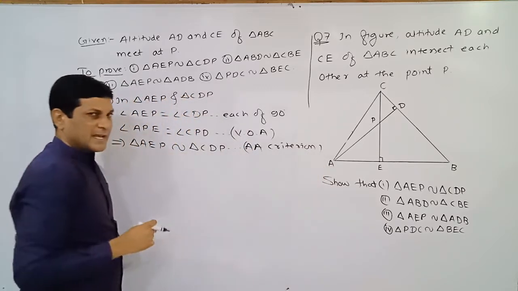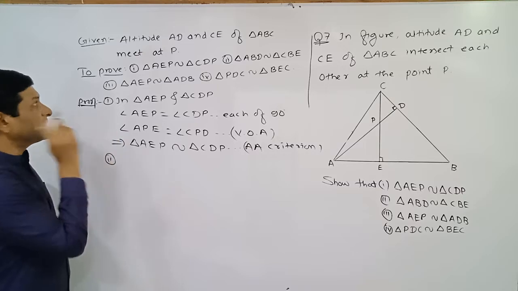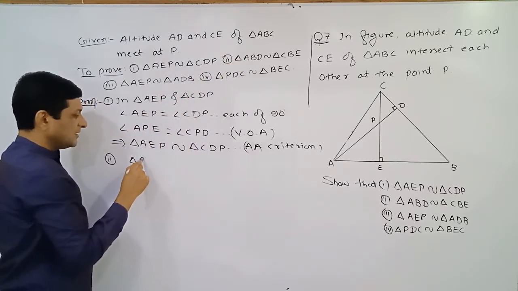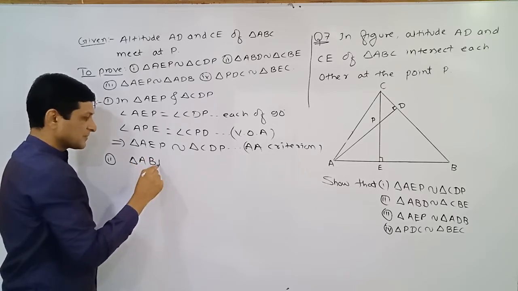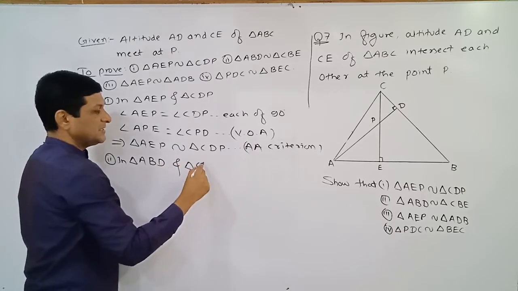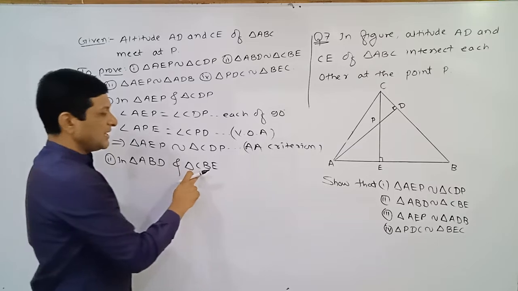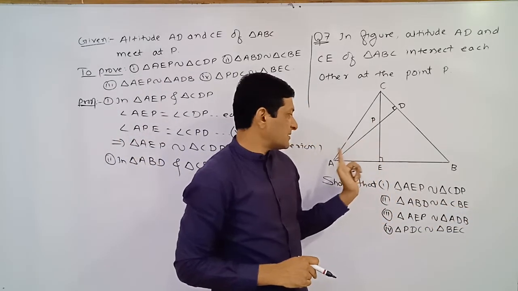Same method we are applying in the remaining examples also. See the second example. In the second example, we have to show that triangle ADB and triangle CBE are similar. Now observe these two triangles, ADB and CBE.